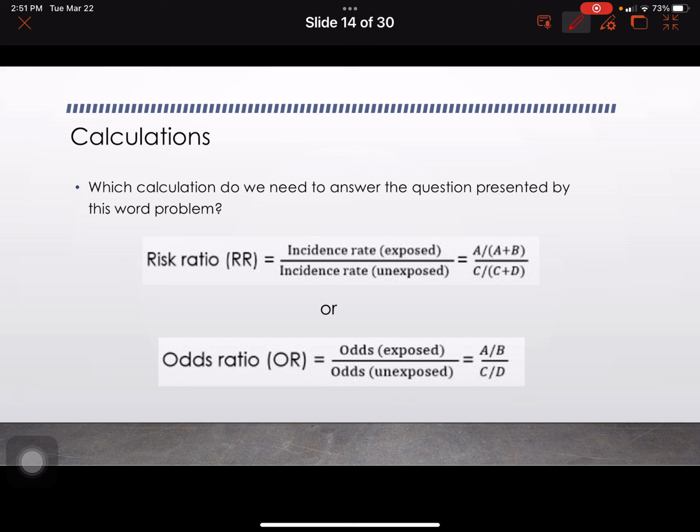We know that our problem here is asking for a risk ratio. Take a moment to pause the video using your 2x2 table, see if you can calculate that risk ratio on your own.